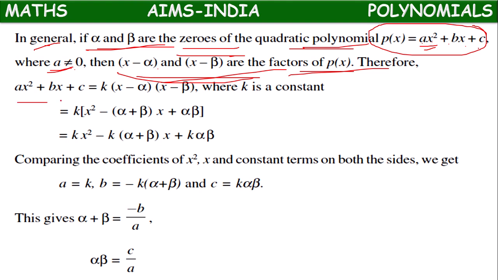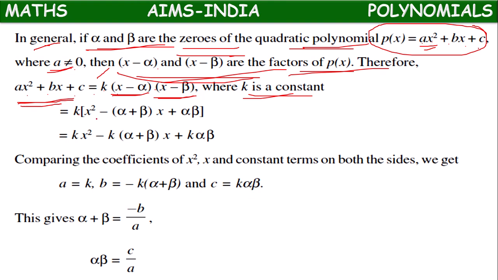Means the given quadratic polynomial ax² + bx + c can be written as a product of x - alpha, x - beta, along with one constant k, where k is a constant. So k we will keep outside.